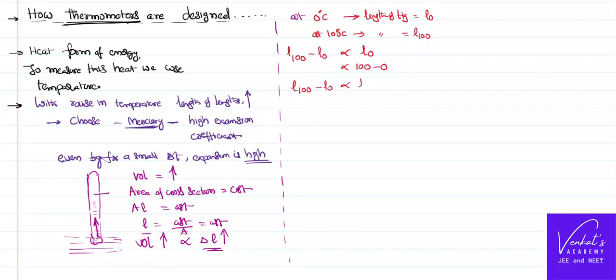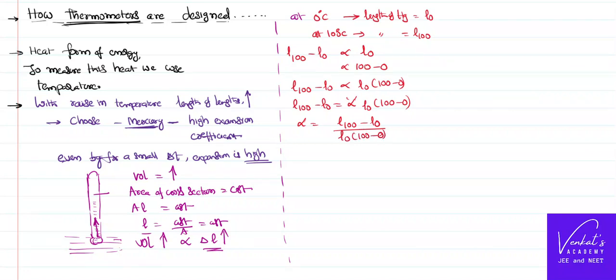Combining these two, we can eliminate the proportionality by putting a constant alpha, where alpha is called the expansion coefficient of that liquid. So alpha can be written as L100 minus L0 by L0 of 100 minus 0.